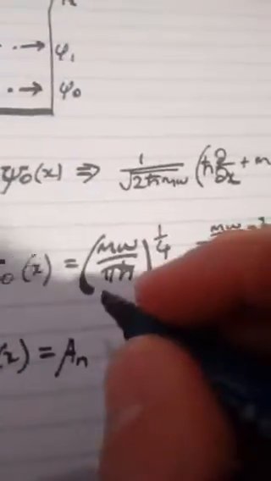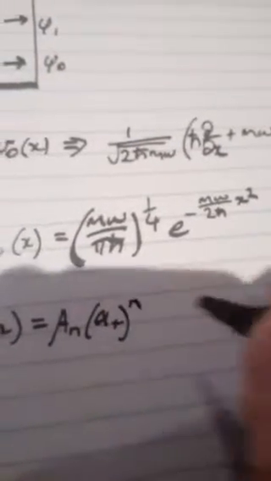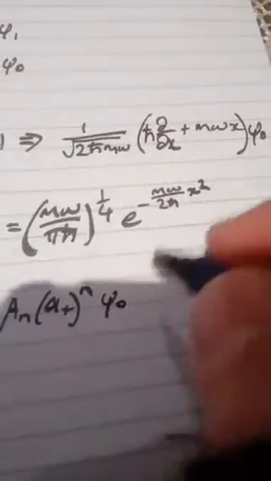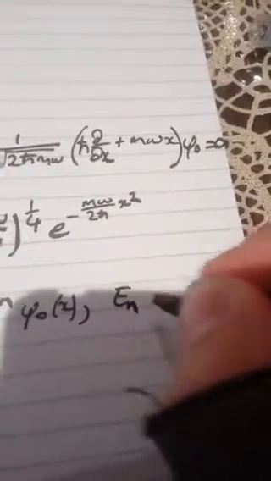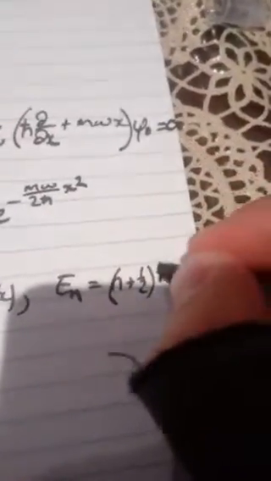So if you look up here, psi 0, 1, 2, 3, up to like 1,000, whatever, energy states, equals some constant A, which we don't know, to the power of n, psi 0 of x, where the energy level is the number n, whatever it is, plus a half, multiplied by h bar omega.